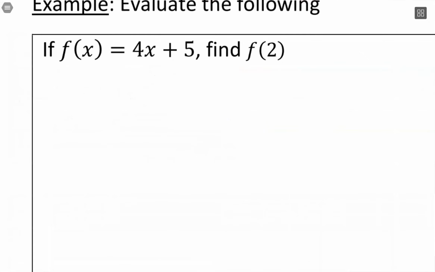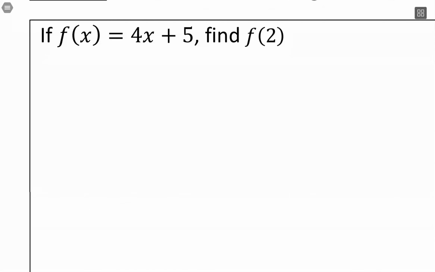So in this first example, we have this function f of x is equal to 4x plus 5, and we want to find f of 2. What this function notation gives me is this structure, this operation that I want to follow. For whatever I input, I want to take 4 times that input plus 5. Sometimes I imagine this with empty parentheses.